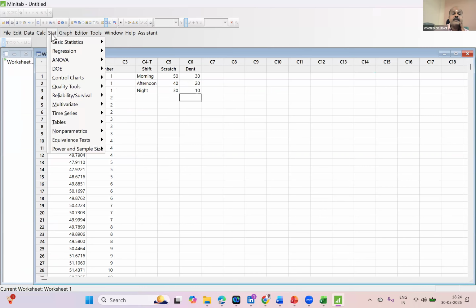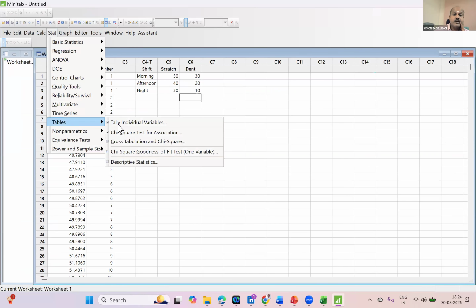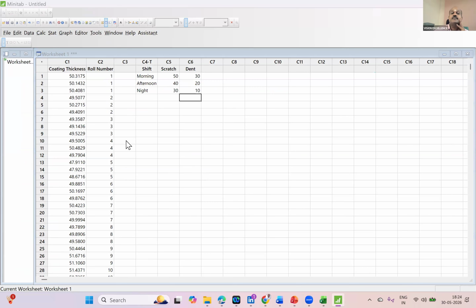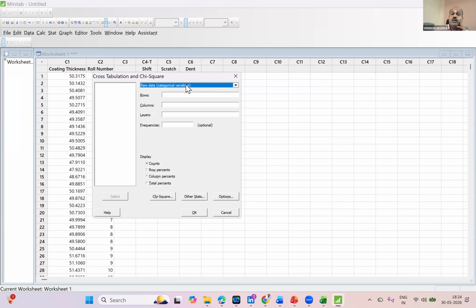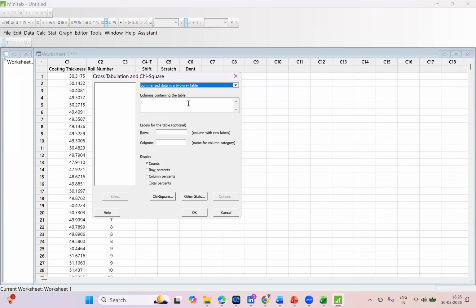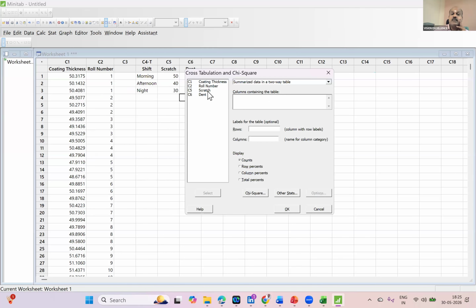Now we just have to go to Stat, go to Tables, go to Cross Tabulation and Chi-Square. Summarize and count data for groups that are formed by two or more categorical variables. Now, do you have raw data or summarized data? I have summarized the data. Columns containing the table: there is scratch and there is dent.